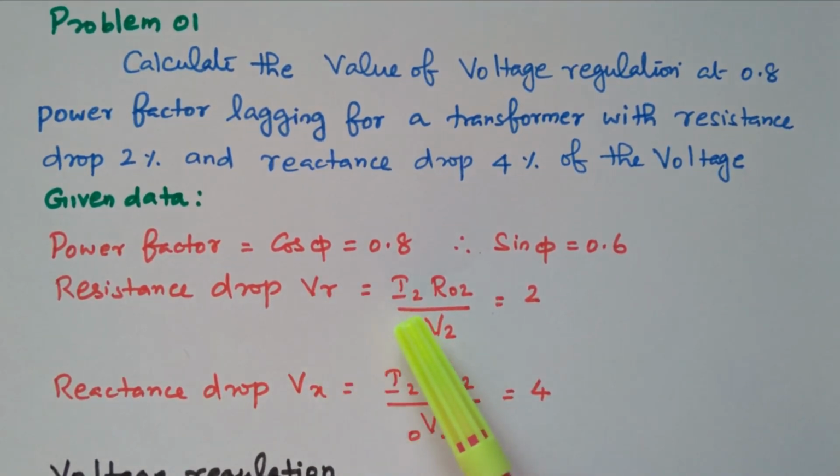So VR is nothing but I2 R02 divided by no load secondary voltage V20, and this is given as 2%. Similarly, the reactance drop Vx is nothing but I2 X02 divided by secondary no load voltage, that is given as 4%. So these are all the data given.